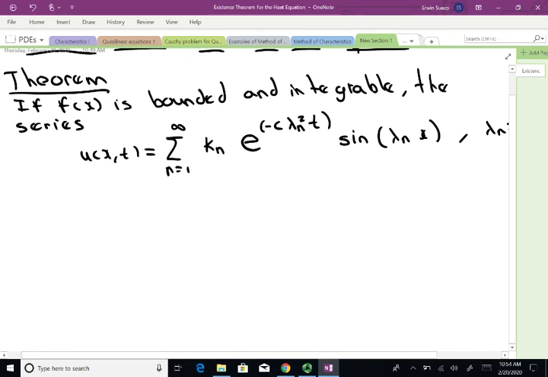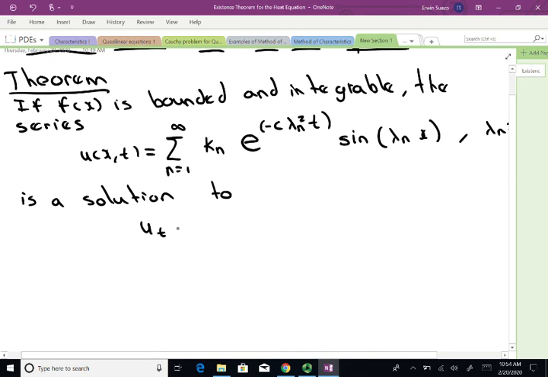So if f of x is bounded and integrable, the series u(x,t) is a solution to the heat equation.